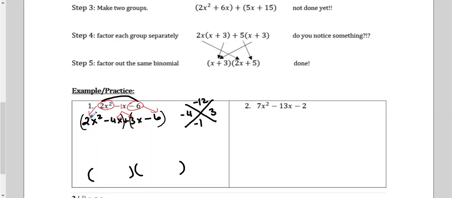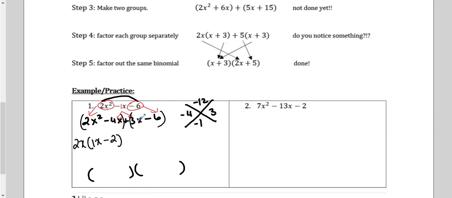The common factor for the numbers 2 and 4 is 2, because 2 goes into 2 once, and 2 goes into 4 twice. So I'm going to factor that out, and then factor out an x here. When I factor it out, 2 divided by 2 is 1, x squared divided by x is just 1x, minus 4 divided by 2 is 2, and x divided by x cancels out. So you just have this here.